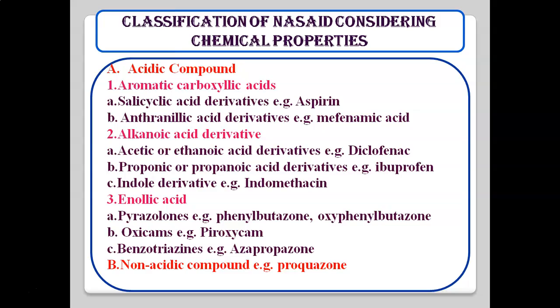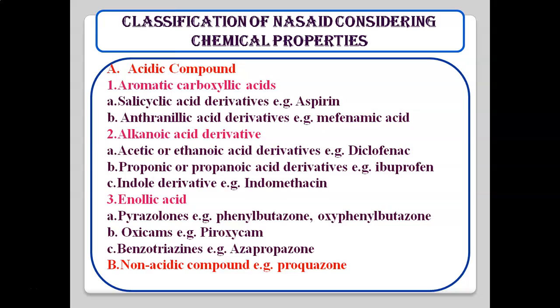Alkanoic acid is further divided into three types, that is acetic or ethanoic acid derivatives, example is diclofenac. Second, propionic or propanoic acid derivatives, example is ibuprofen.